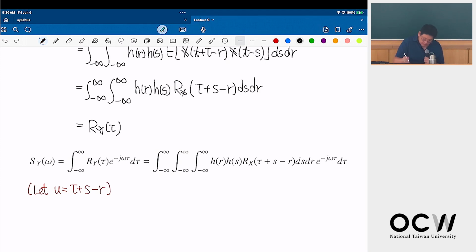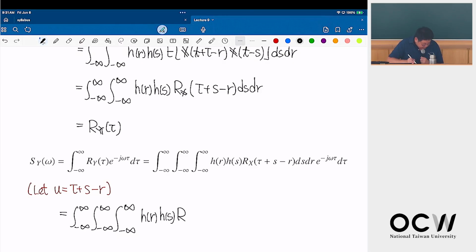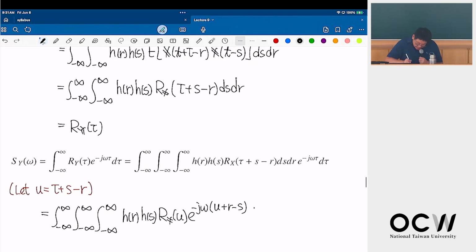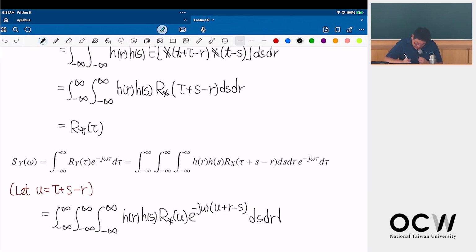The overall integration becomes h of r, h of s, and Rx of u, exponential to the minus j omega, tau becomes u plus r minus s, ds, dr, du.